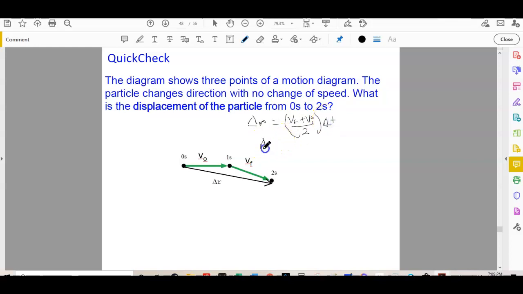So really, delta r is equal to the average velocity vector times delta t. Well, that's kind of what we did here, right?